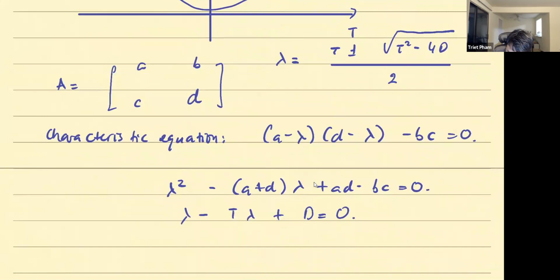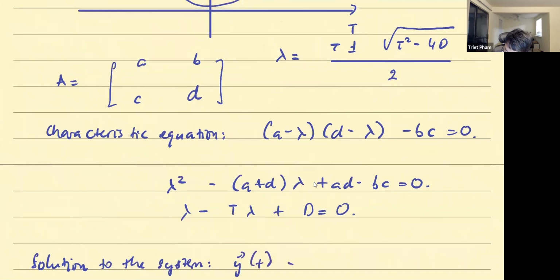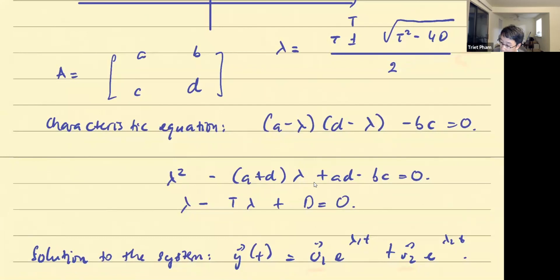The solution, roughly speaking, your solution to a system is y of t equals v1 e to lambda 1 t plus v2 e to lambda 2 t, where lambda 1 and lambda 2 are the eigenvalues, these two eigenvalues, and v1, v2 are the eigenvectors, okay?